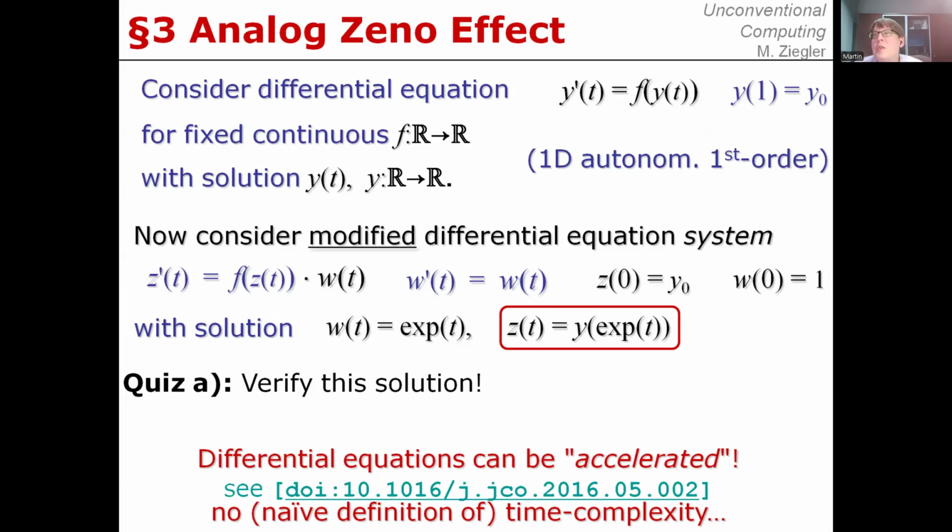Which means if we want to define time complexity, which we do, then we need to be very careful. And here's a very good paper that introduces several non-naive notions of time complexity and proves them all equivalent.